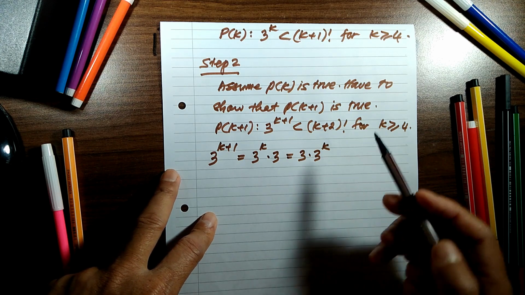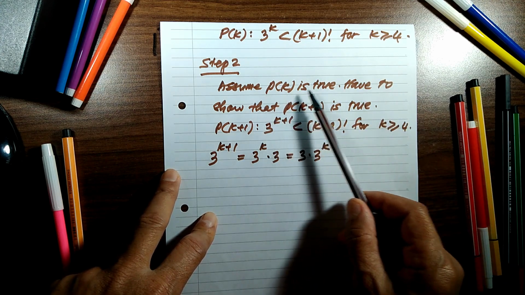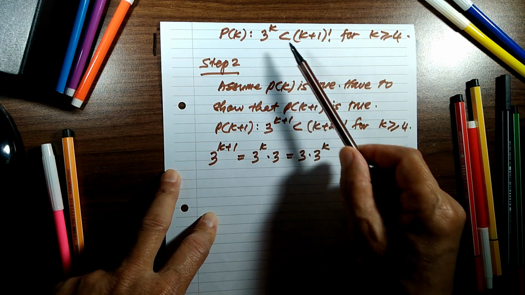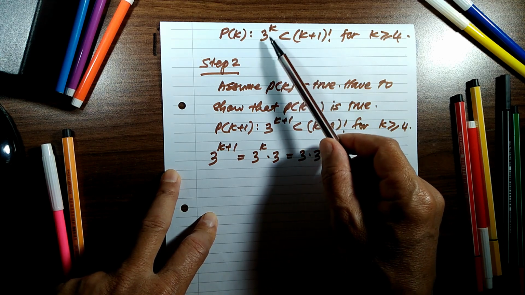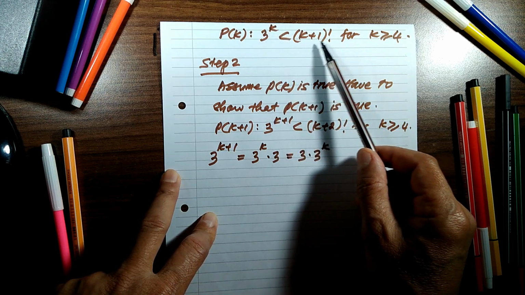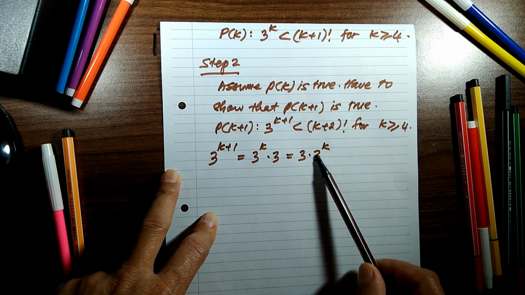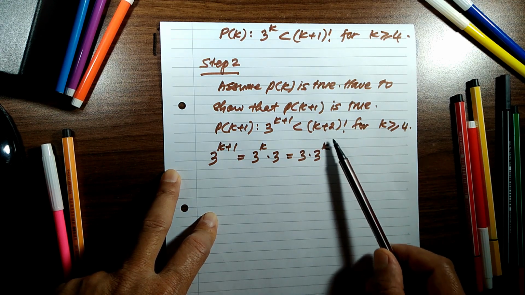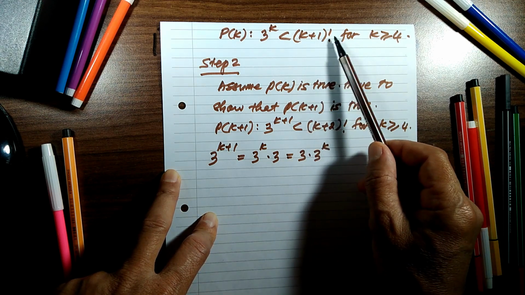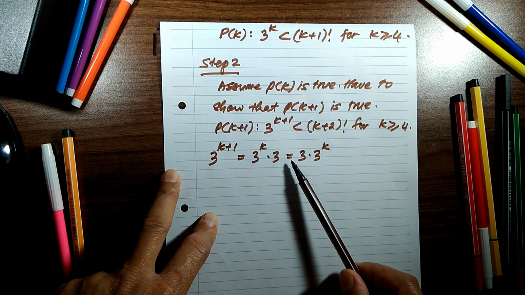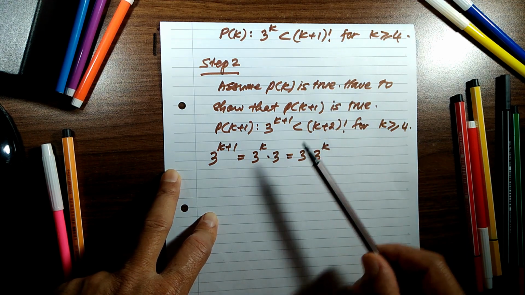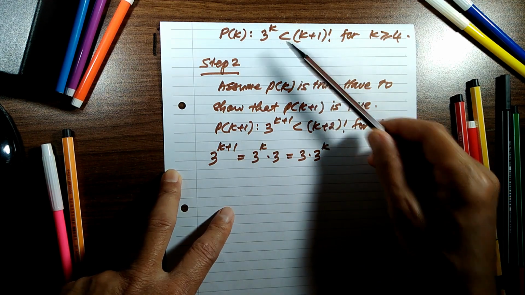Now, from our assumption, since we assume P(k) is true, this statement is true. That is 3 to the power k less than (k plus 1) factorial. Now, whenever we see 3 to the power k here, we are going to replace it by (k plus 1) factorial. This equality will change to inequality like this.